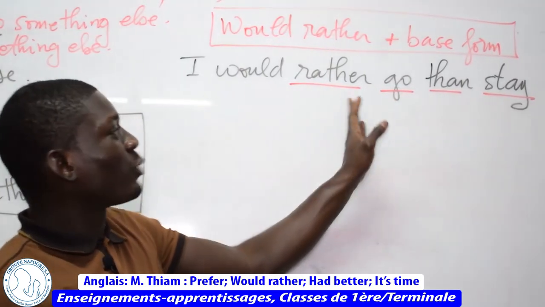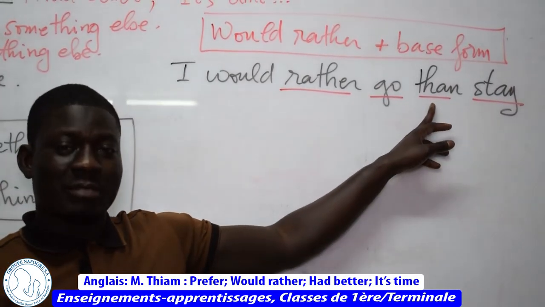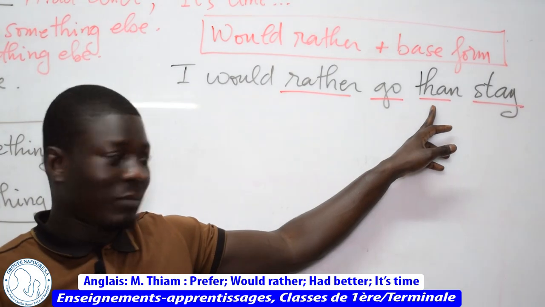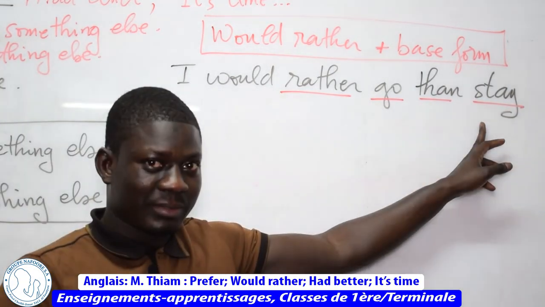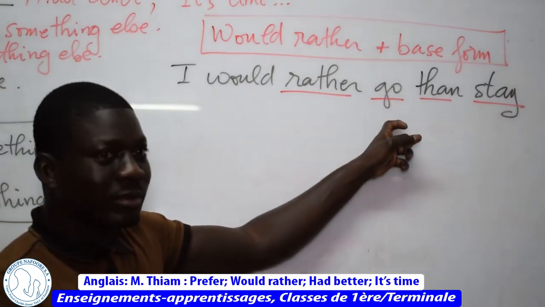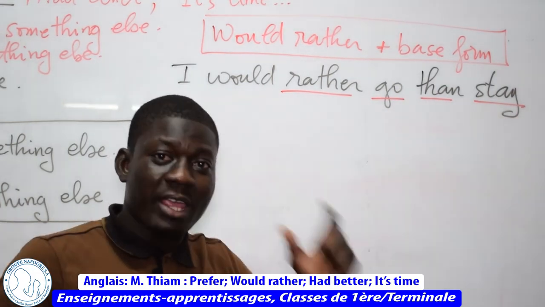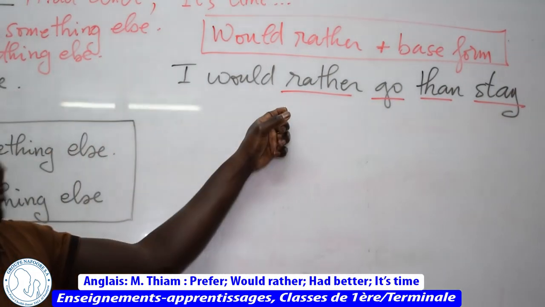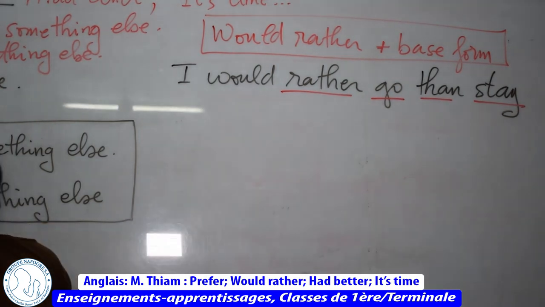Now, if would rather plus verb is followed by another verb, they will be separated by than. Is that clear? I would rather go than stay. Or, let's say, I would rather going to staying. But it's very, very rare, very seldom. But this form is most common. So I suggest you to use this one.